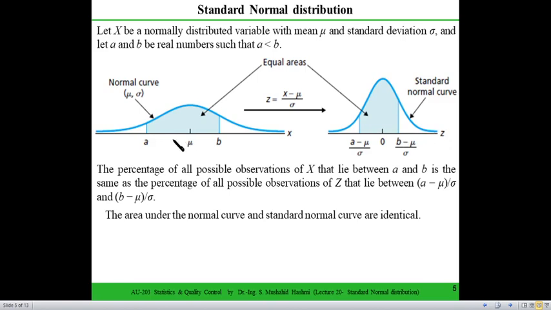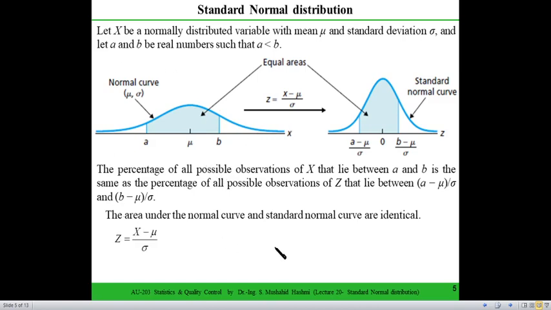Essentially, because of this mathematical transformation, the corresponding probability between the limits a and b remains the same. After transformation, if x is a, it would be a minus mu over sigma, and if x is b, then b minus mu over sigma. These would be the corresponding values of z for the limits a and b. But in both distributions, the area under the curve remains the same because they represent the same probability.